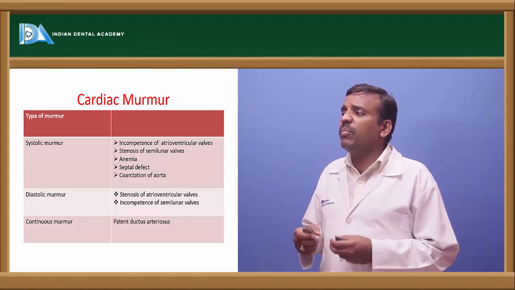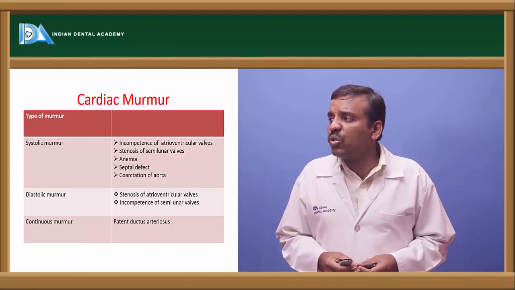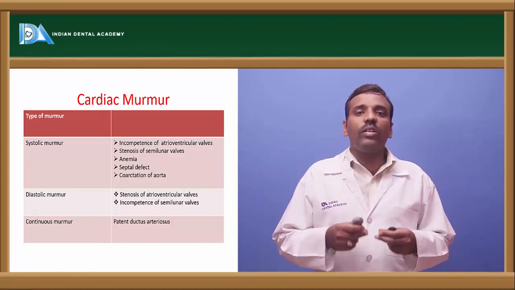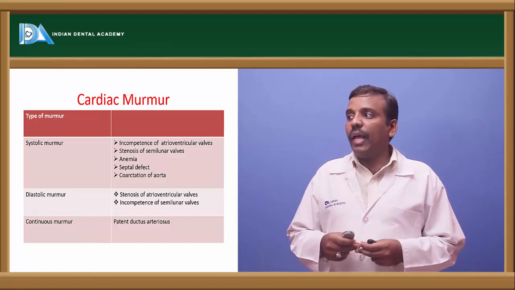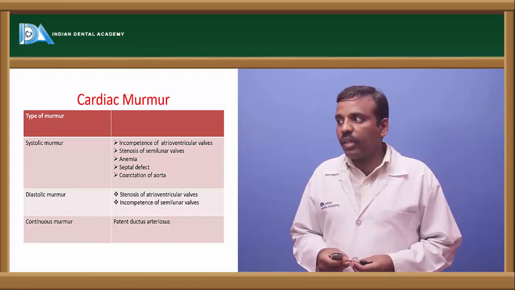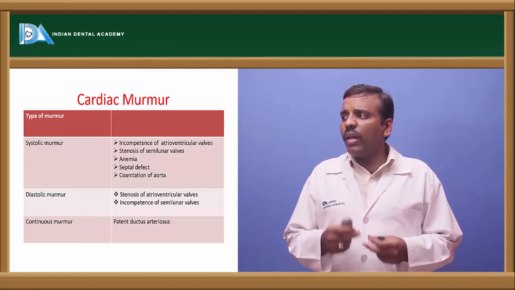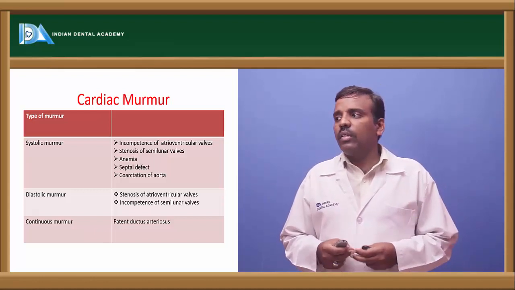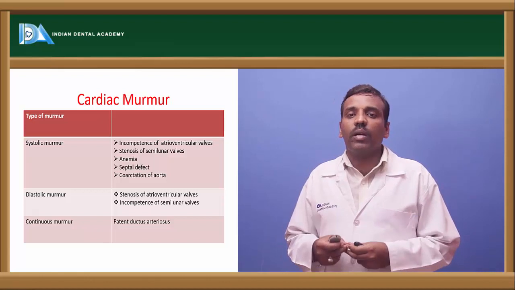Systolic murmurs occur because of incompetence of the atrioventricular valves, stenosis of the semilunar valves, anemia, septal defect, and coarctation of the aorta. That is about the systolic murmurs.